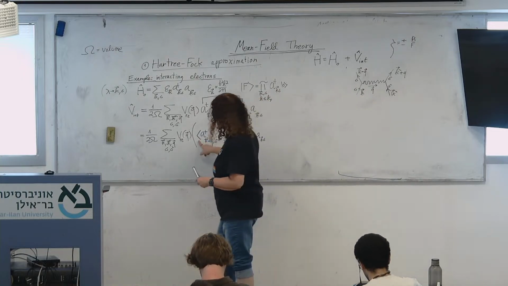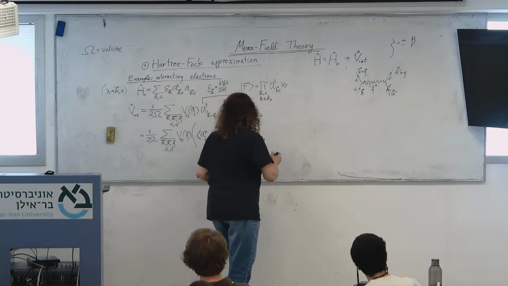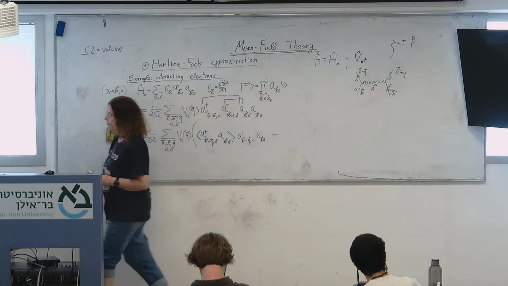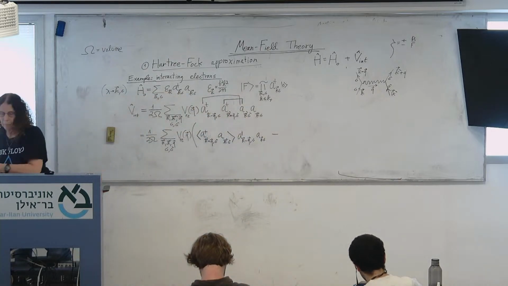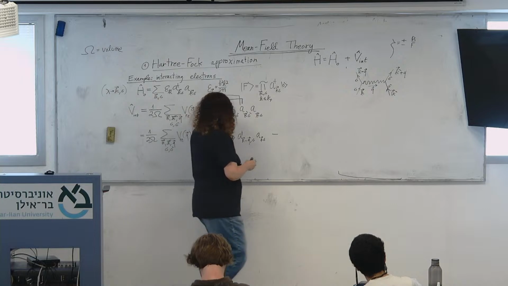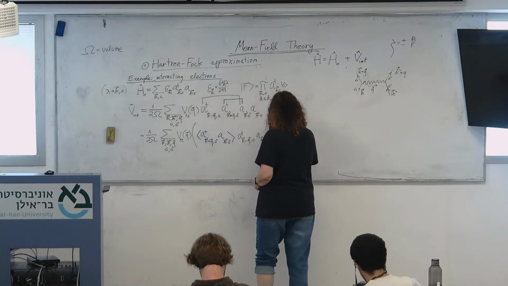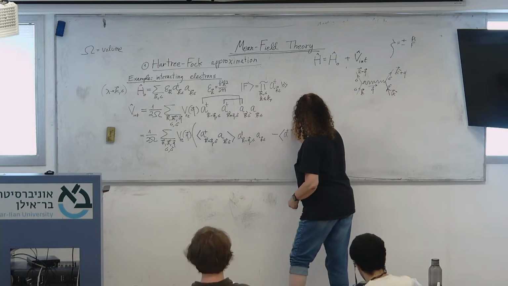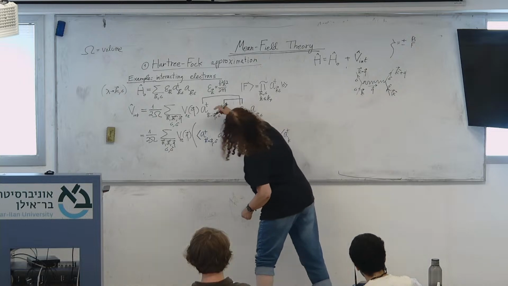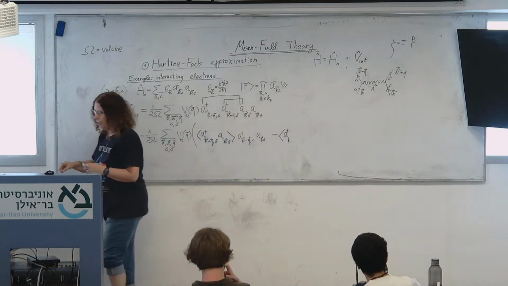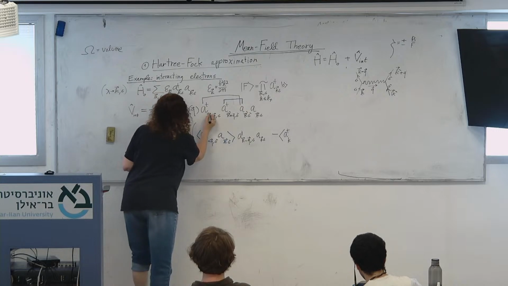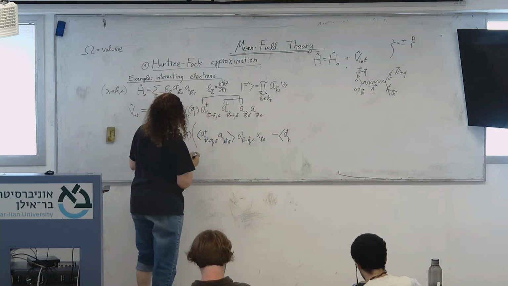It comes with a positive sign. And now I have the Fock term, which comes with a minus sign. So it is this and this. So we just don't get confused with the prime, this is an arrow, no prime.